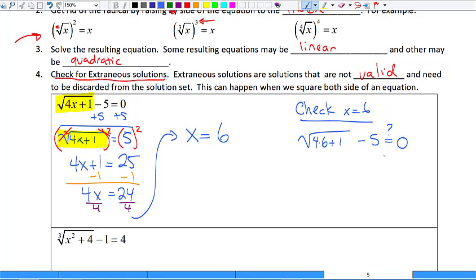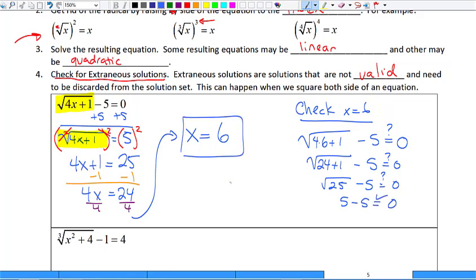That's the whole point. I'm checking it. So that's why I put the question mark on top of it. It's not true until I show you it's true. So that's the square root of 25 minus 5 is supposedly equal to 0. Let's see, 5 minus 5 does equal 0. Excellent. So is 6 a good solution? It sure is.